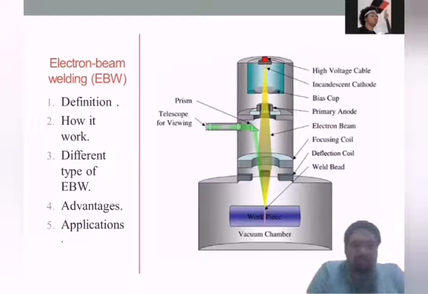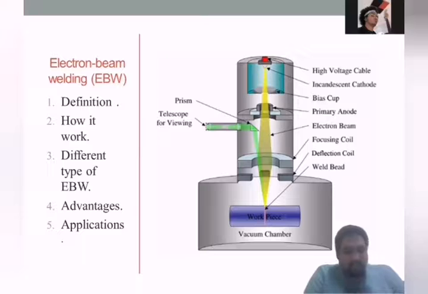There are three types of electron beam welding based on the vacuum. The first type is high vacuum: the higher the vacuum, the more the beam penetrates, and the depth to weld ratio is greater.